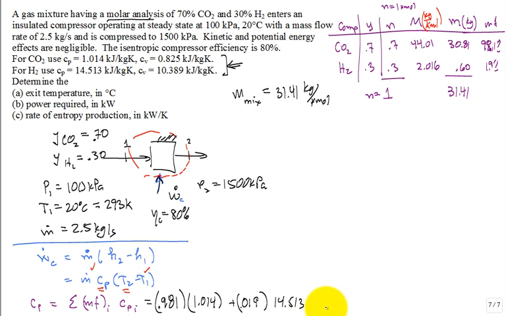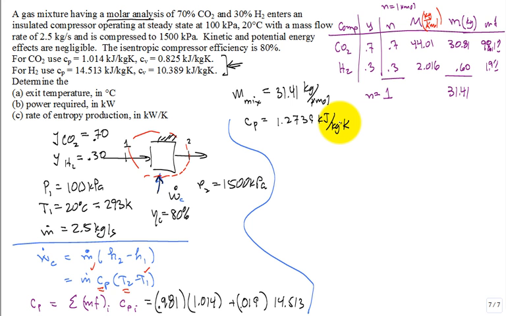And so I'm going to pick it up here. I'm going to kind of try to save space. Sorry about that. I'm going to have that the specific heat of the mixture, C sub P of the mixture, is 1.2739 kilojoules per kilogram Kelvin of the mixture. Make sense?